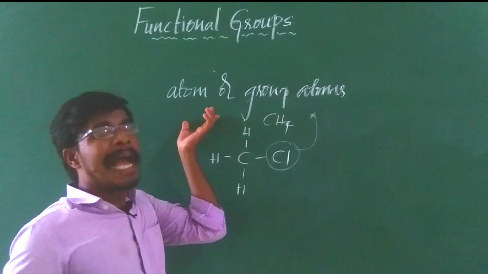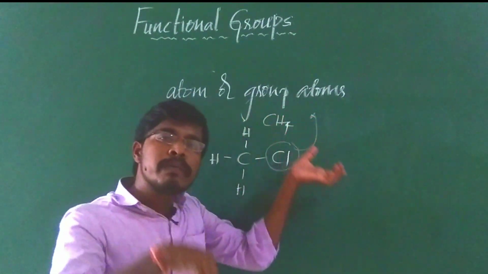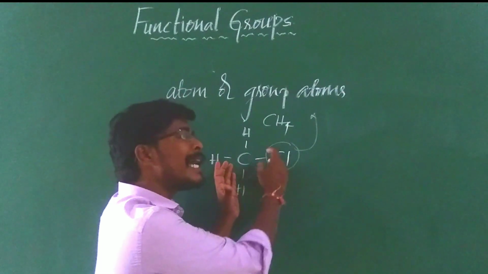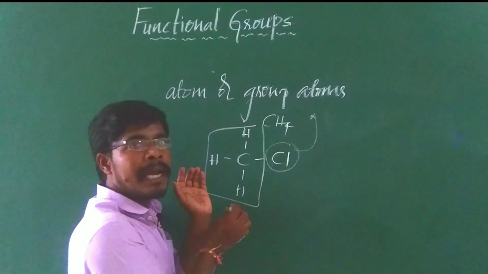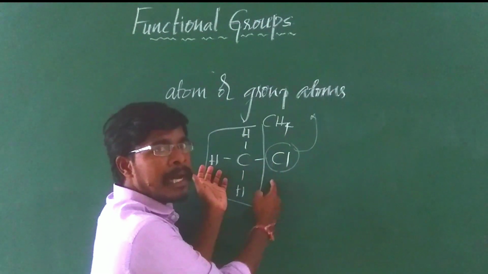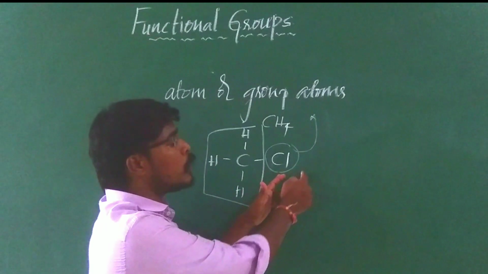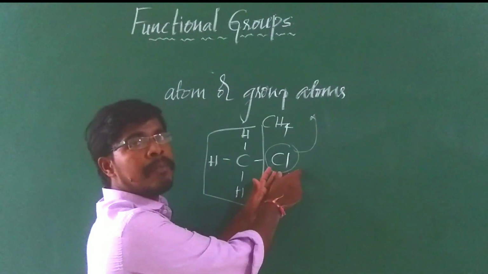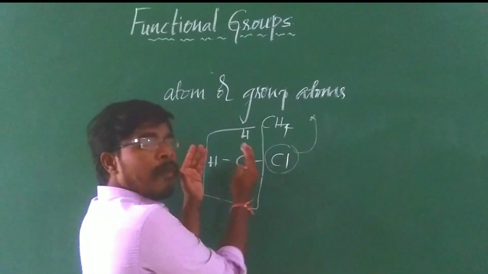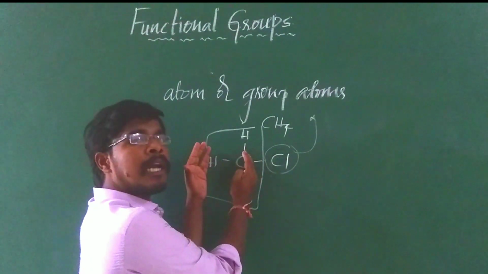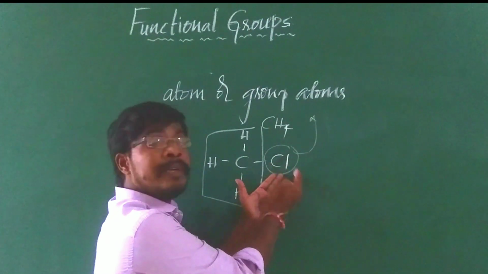Clear? It may be a single atom or a group of atoms that attaches to the main carbon compound. This is your carbon compound actually, right? Initially hydrogen was there, a simple hydrocarbon. To this, if a single atom or a group of atoms is attached, then the initial function of the carbon compound is no longer shown; it is changed.